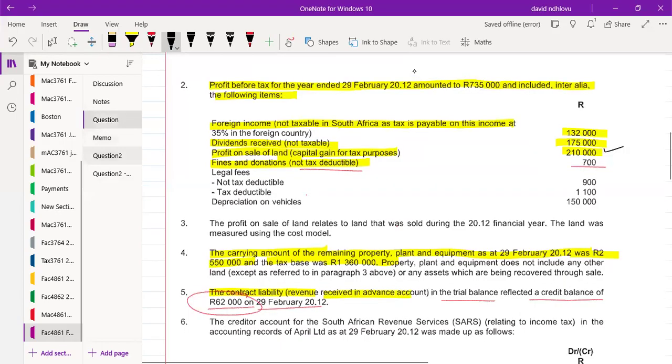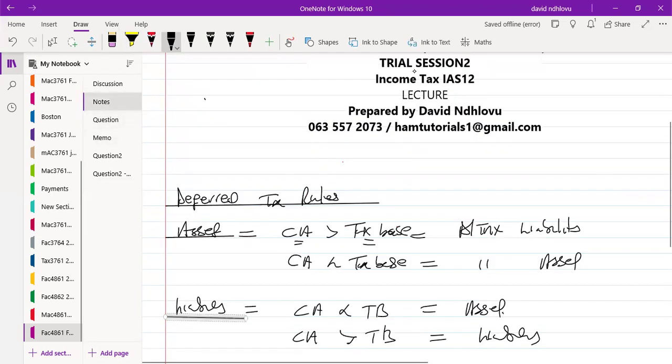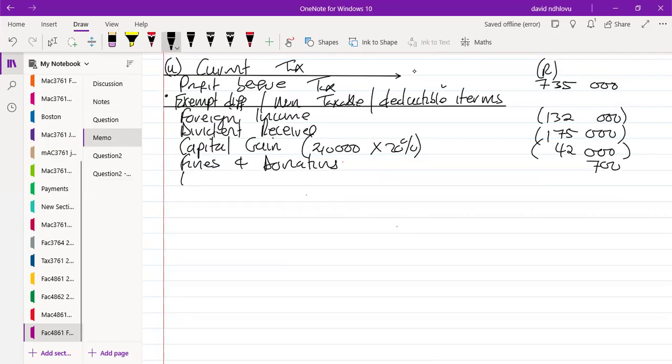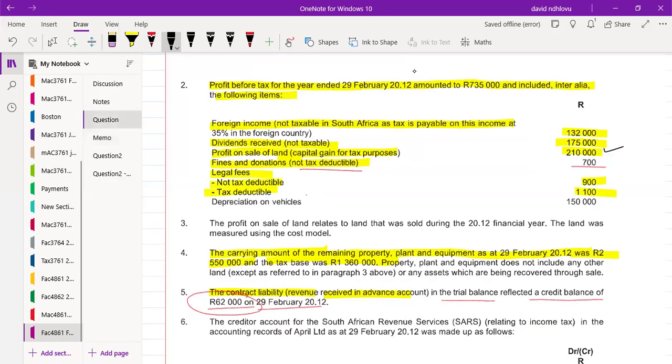Then we have got legal fees, but we only reverse the portion that is not deductible. The portion that is tax deductible, we don't reverse. So therefore, we reverse the 900.